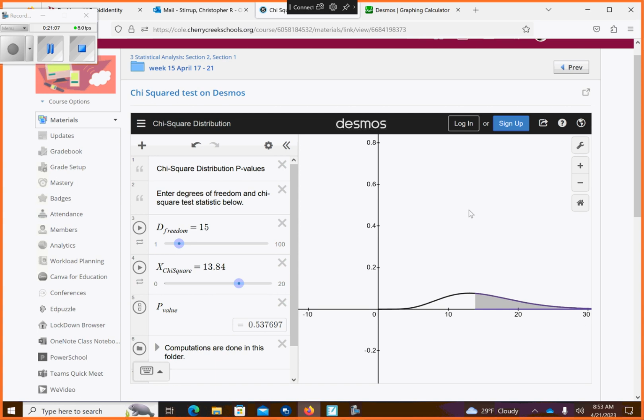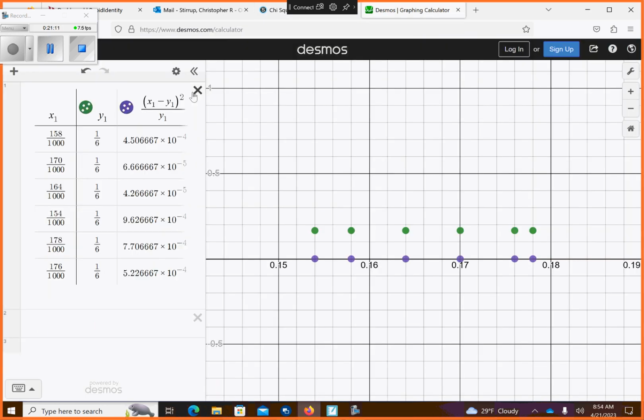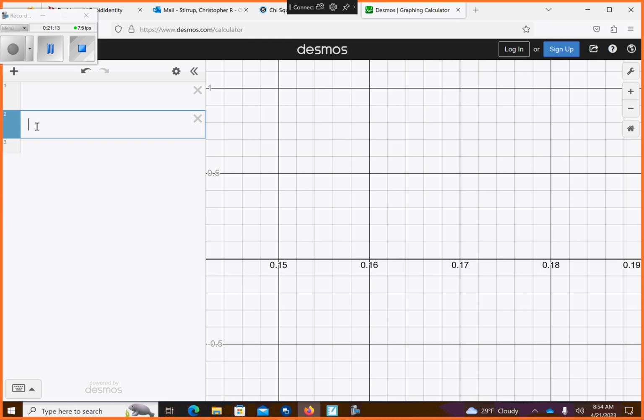I'm going to have 2 different graphs that we're going to go with. This is our baseball card problem. Remember, you got 40 boxes of cereal that each had a baseball card.